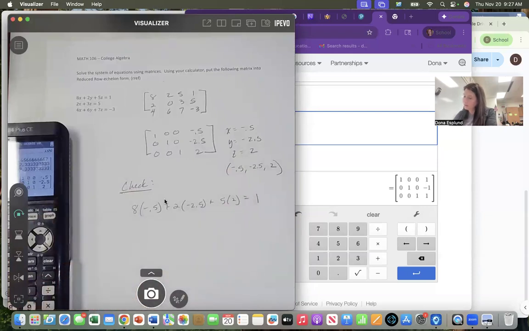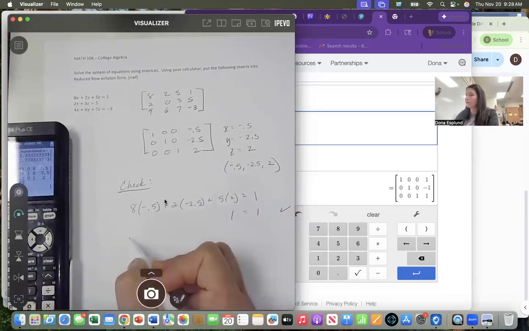So I'm going to go -0.5 plus 2 times -2.5, plus 5 times 2. And I do get 1 equals 1. And so that's a check.